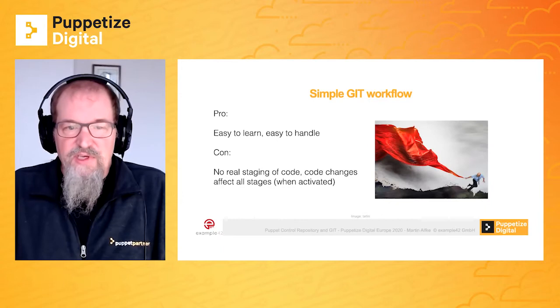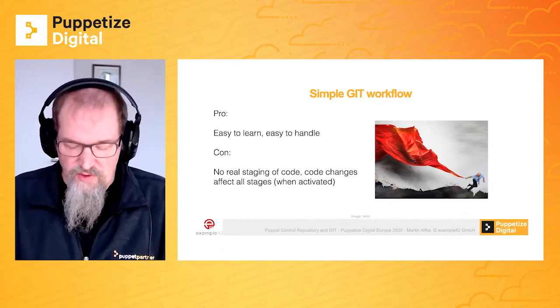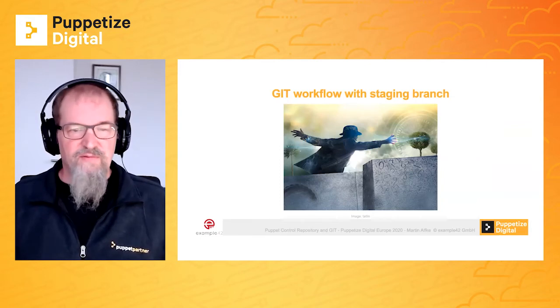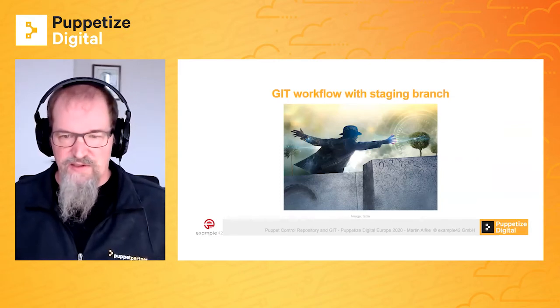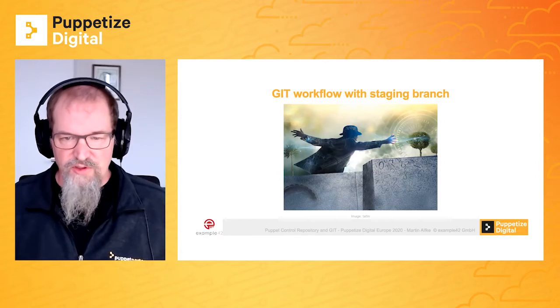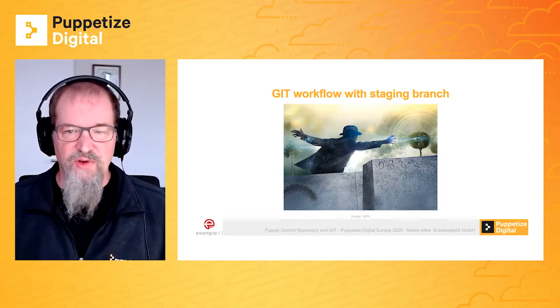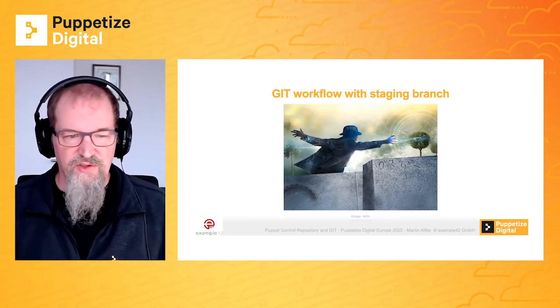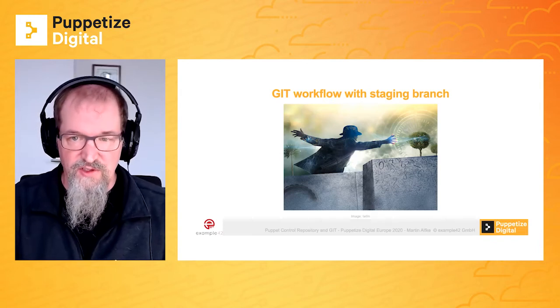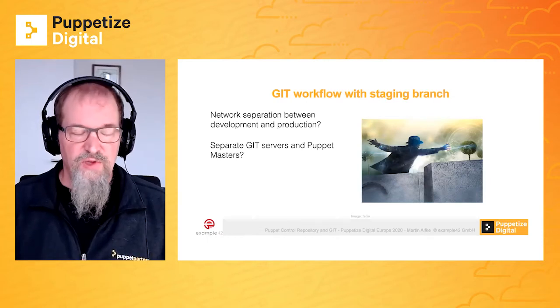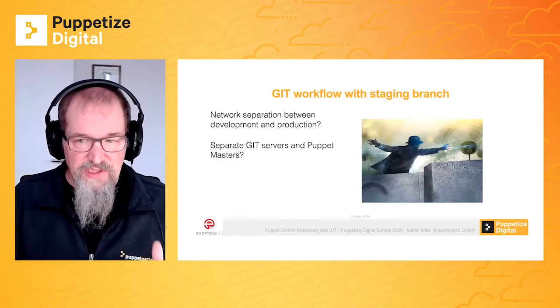Sometimes simple is not possible, for several reasons. Consider something: you have different data centers spread around the world. You don't want to have dependencies on some internal systems, so you add Git servers and Puppet masters to all of your data centers. Or you have something like a network separation, where you say, we are working in a development network.